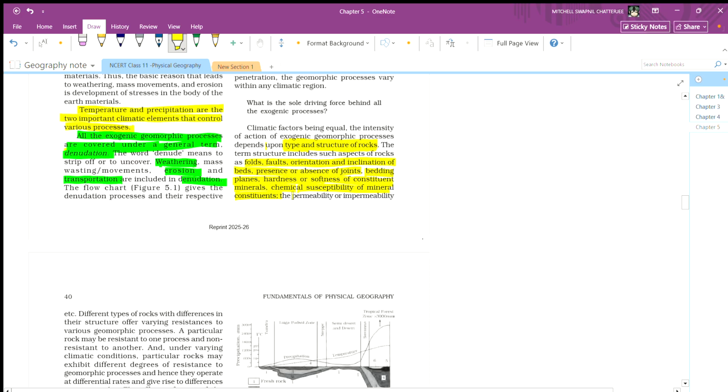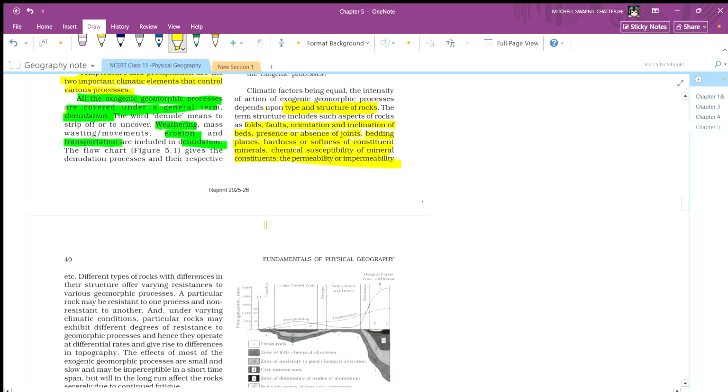Permeability means whether water can penetrate it; if water can't penetrate it, that's why one is permeable and one is non-permeable.